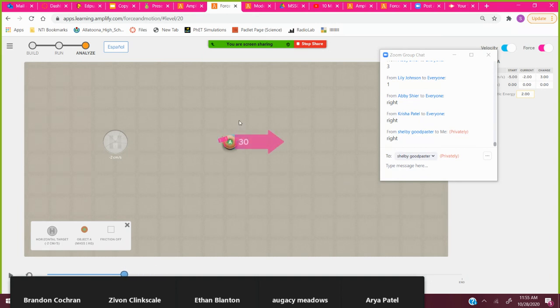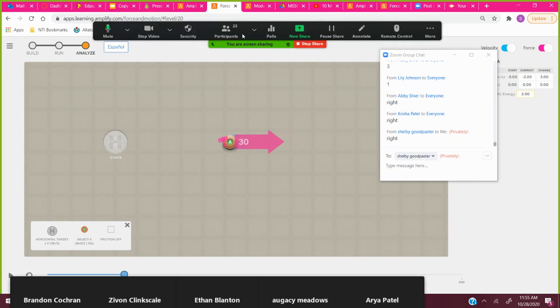So our force strength right here we can see is 30, but what is the change in velocity? If you can see it up there at the top right.